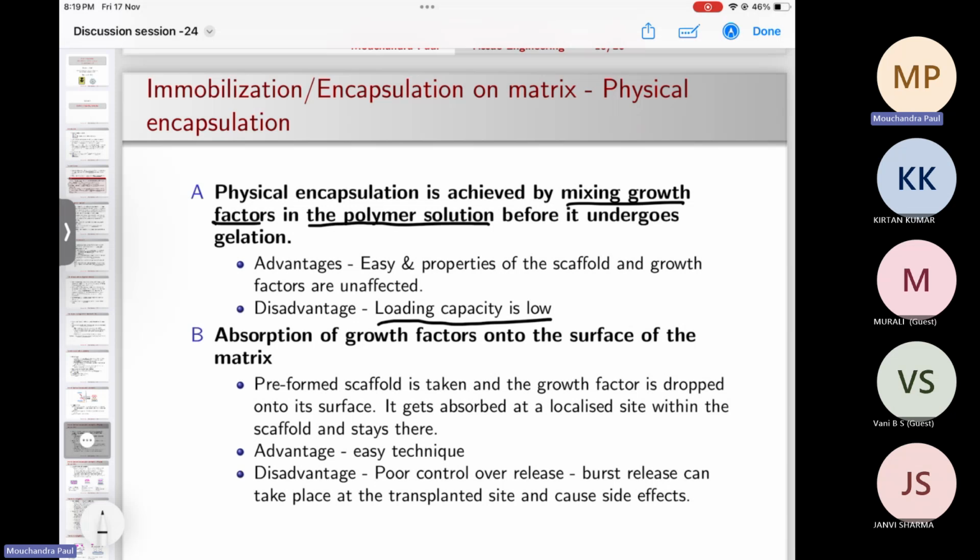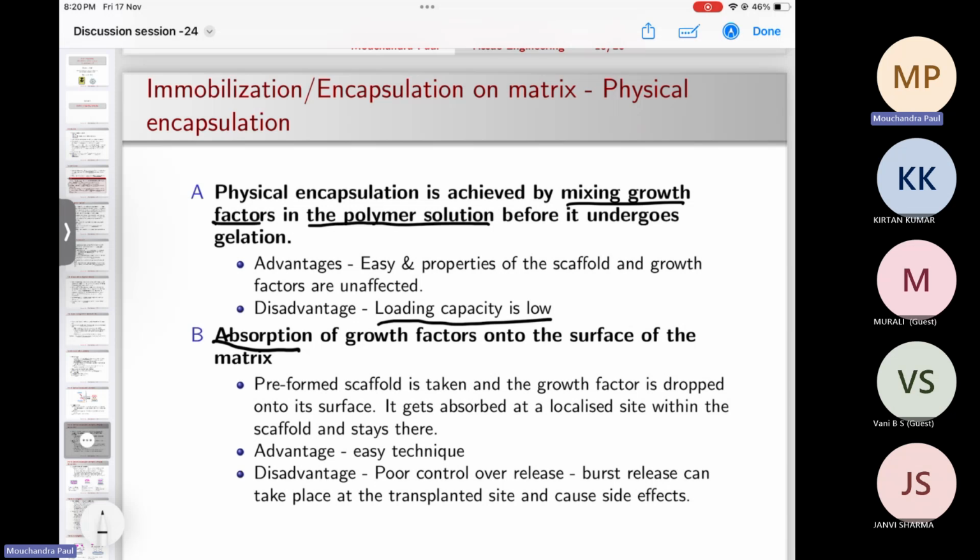Another way is you can absorb your growth factor, absorb, not adsorb. So you can make your growth factor solution absorb onto this matrix. You make your scaffold, say using freeze drying technique, and then you add drops of growth factor onto this surface.